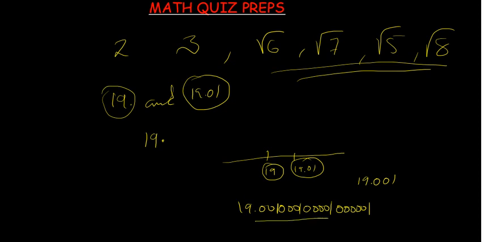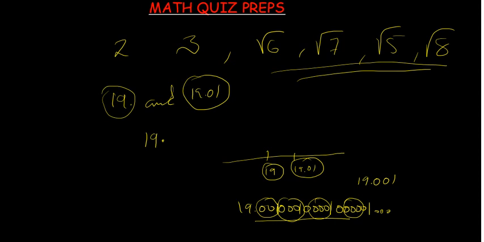Now this one has no pattern, the numbers are not repeating themselves. The definition of an irrational number is a number that is non-repeating and non-terminating. So this number, you put three dots like that.